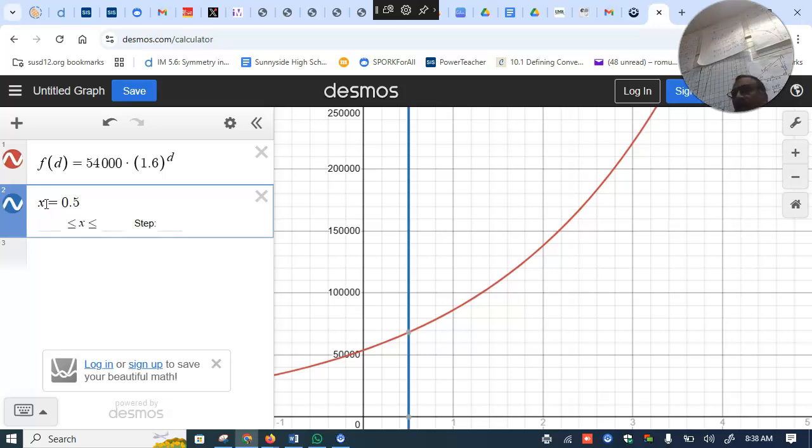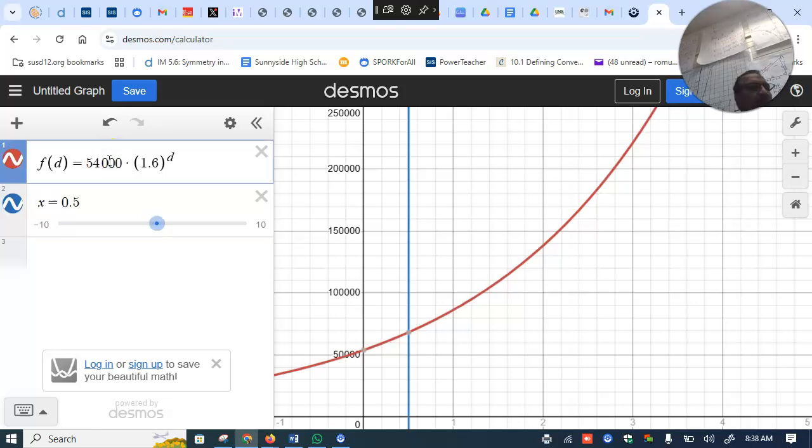Can you click it? On the second row below f of d, there you go, 0.5. I think I messed up a little bit here. The original population was 54,500, I think, right? And I messed up there.